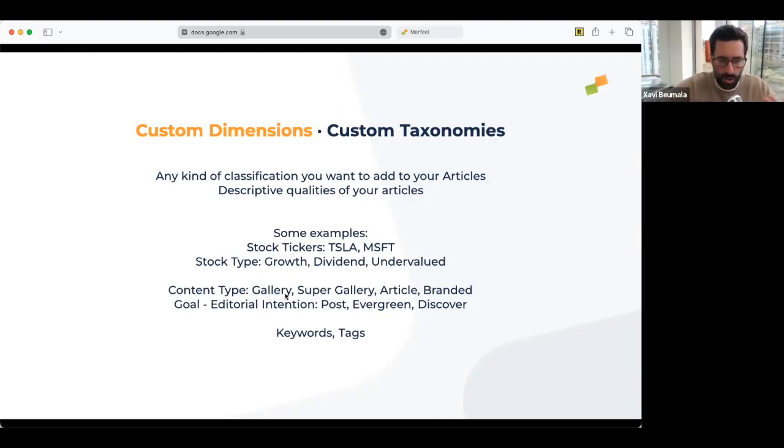Does it contain a super gallery? Or is it an article, or branded content? Or is it an interview? So you can provide any metadata that you want about the article from a content production standpoint, because then we will be able to measure whether it is worth producing or not. Is it contributing to engagement? Is it contributing to audience acquisition? So how is it helping the newsroom, or the business?